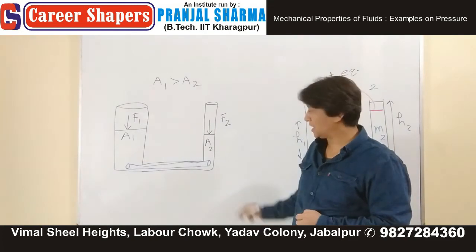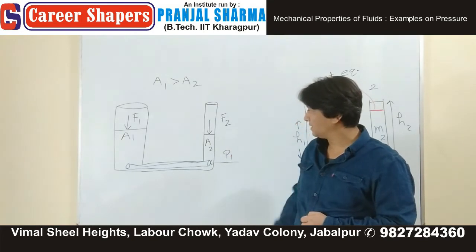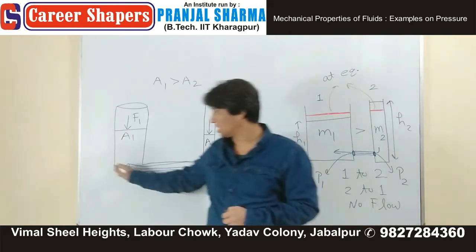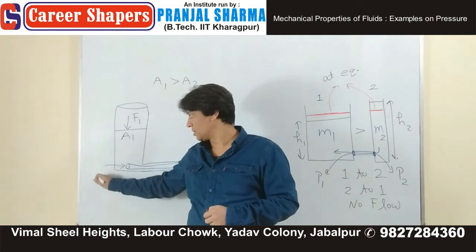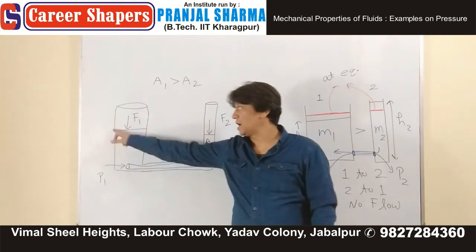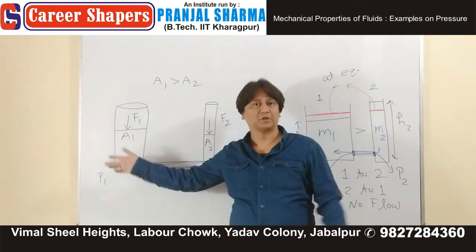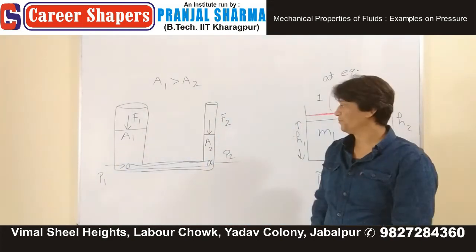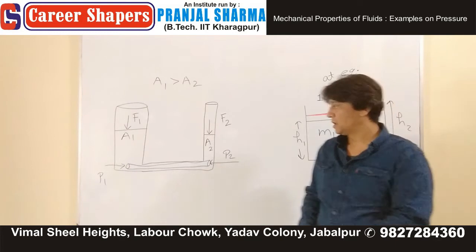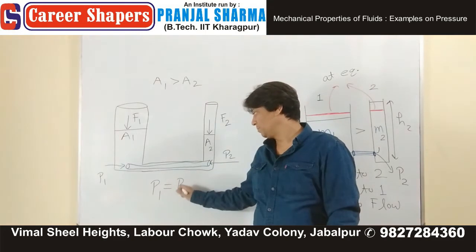Once that equilibrium arises, pressure coming from this side is P2, pressure coming from this side is P1. We don't know whether this height is more or less than the other. It could be more, as it appears here right now, it could be less, it could be equal, we have no idea. But once equilibrium arrives, we are sure that P1 should be P2.